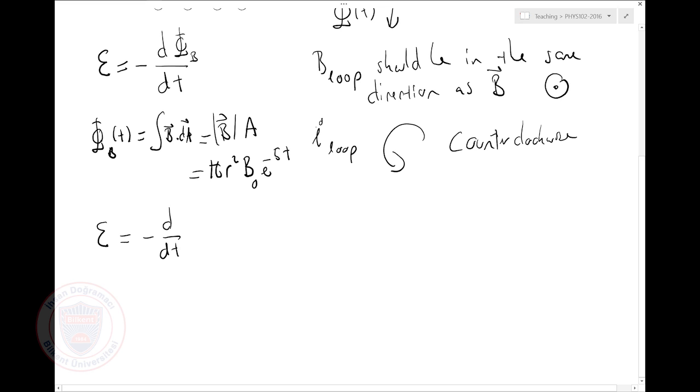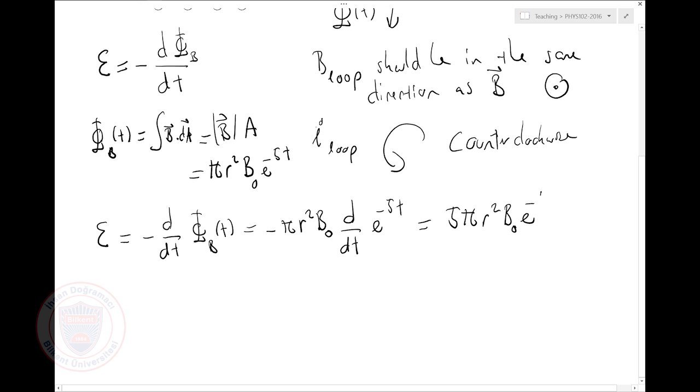It's going to be d by dt of phi B of t. Pi r square and B0 are constants. I'll just take them outside the derivative. So it's going to be 5 pi r square B0 e to minus 5t.